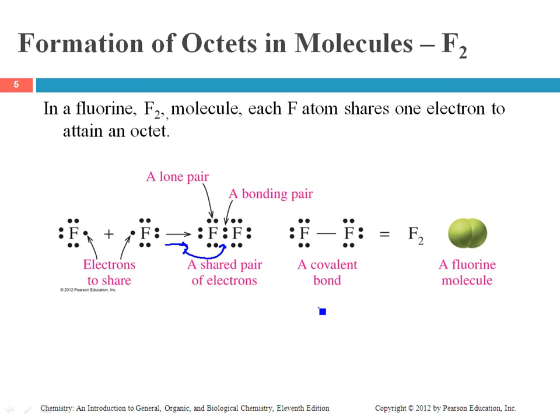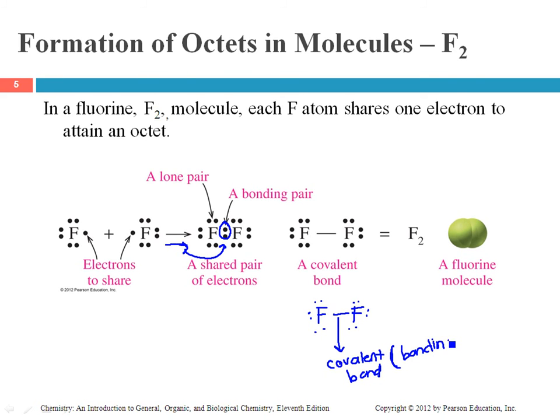And we can also write this as this. This is called a covalent bond, and it represents these two electrons. Those electrons are bonding because they're involved in bonding.